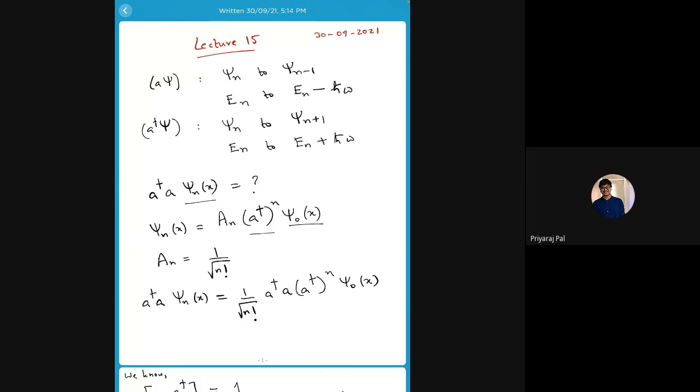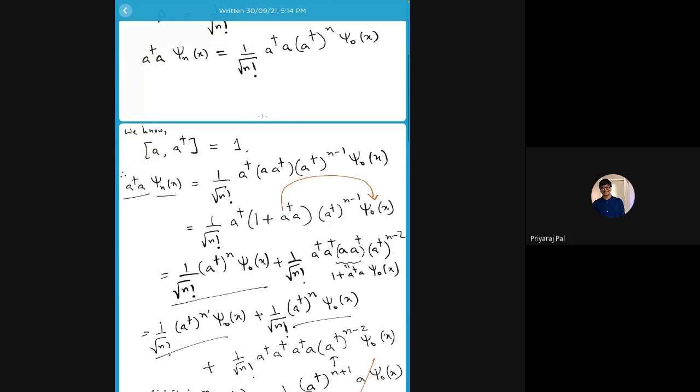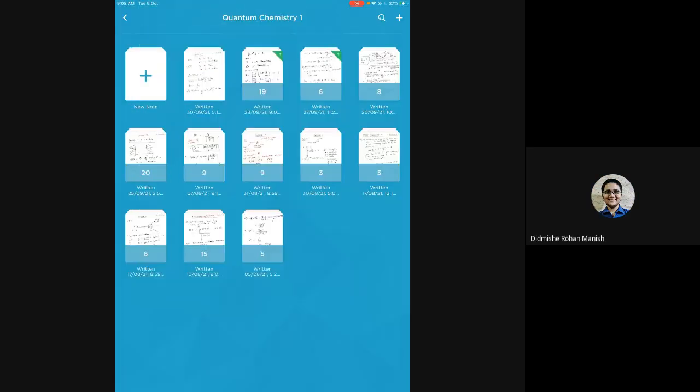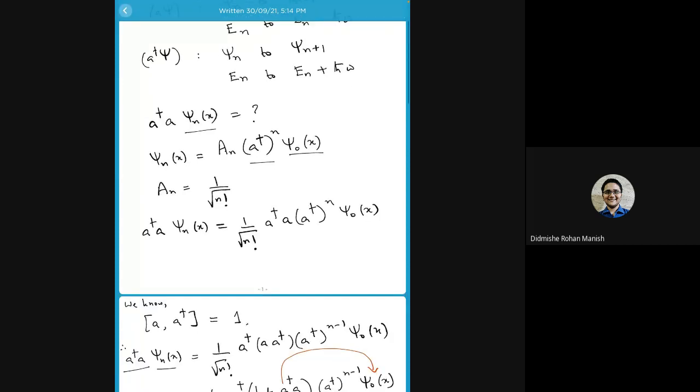Okay, so what we did was first that we... we don't have a closed form expression for psi n. I mean, we haven't computed a dagger n psi 0. The psi 0 was still solved from the differential equation, but this was a very simple first order differential equation.